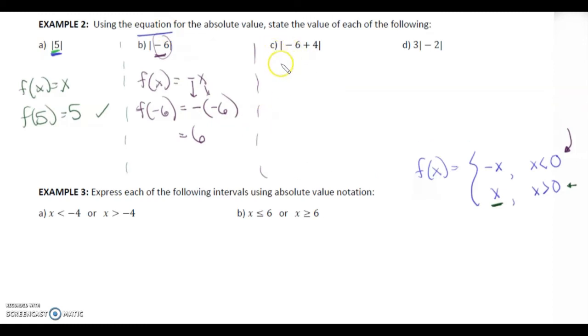Okay, C, I'm going to simplify this. So the absolute value of negative 6 plus 4 is going to be the absolute value of negative 2. And we know if we sub in f at negative 2, we're going to yield 2.